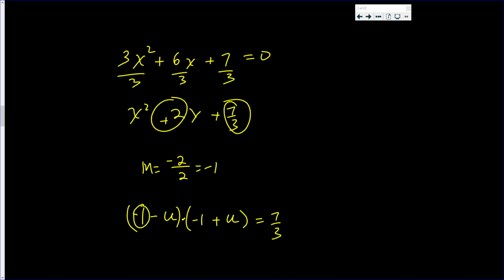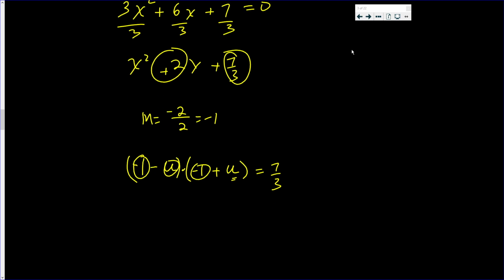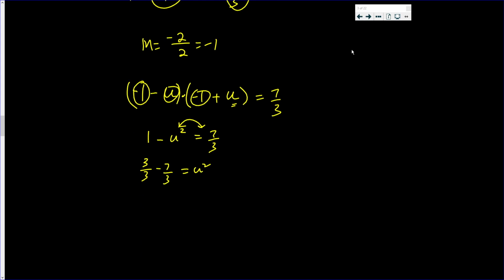So you have one number minus u, one number plus u. You're going to get the first number squared, which is 1, minus the second number squared. And this is equal to 7 over 3. Well, let's swap these. But I'll write 1 as 3 over 3. So we have 3 over 3 minus 7/3 is equal to u squared.